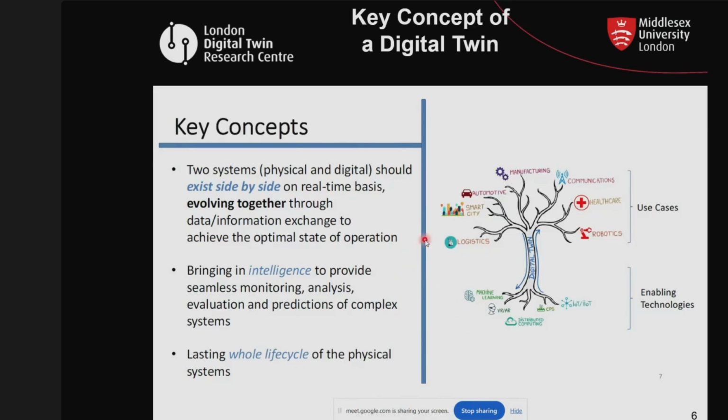So what is the purpose? Bringing in intelligence to provide seamless monitoring, analysis, evaluation, and prediction of complex systems. I can run within my digital twin a scenario, and I can say, okay, I'm traveling from A to B today. We already have Google Maps and other APIs telling us that between 10 and 12 there is a lot of traffic, there is this, there is that, etc. But they do not update in real time, but near real time.